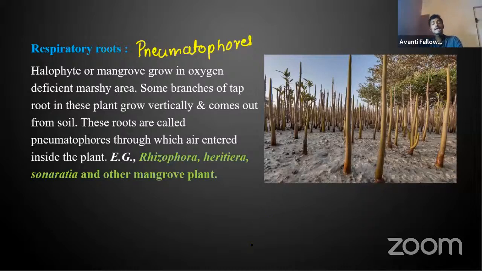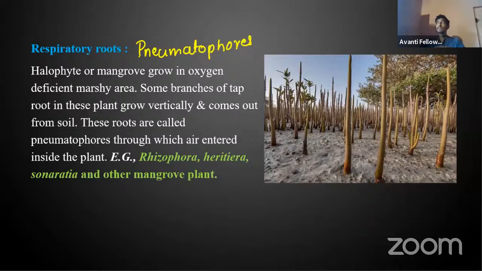There, the soil is completely filled with water, and the root won't get any air to respire. Don't think that respiration happens only in the plant stem. In the root also respiration happens, and all the cells have to do respiration. It's a mandatory process.